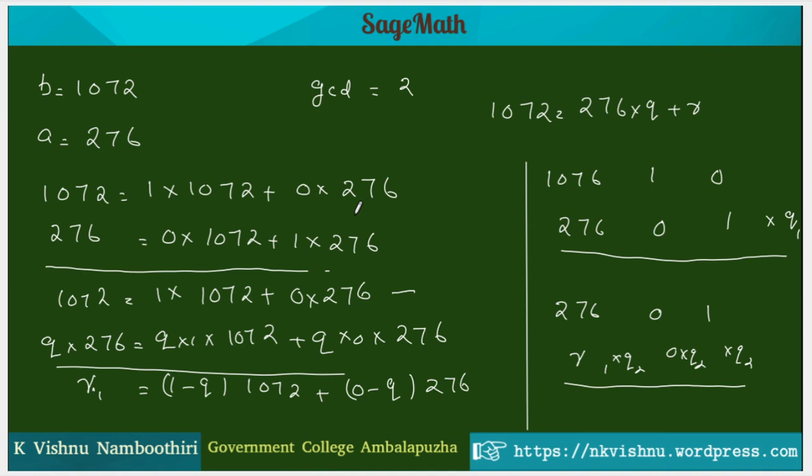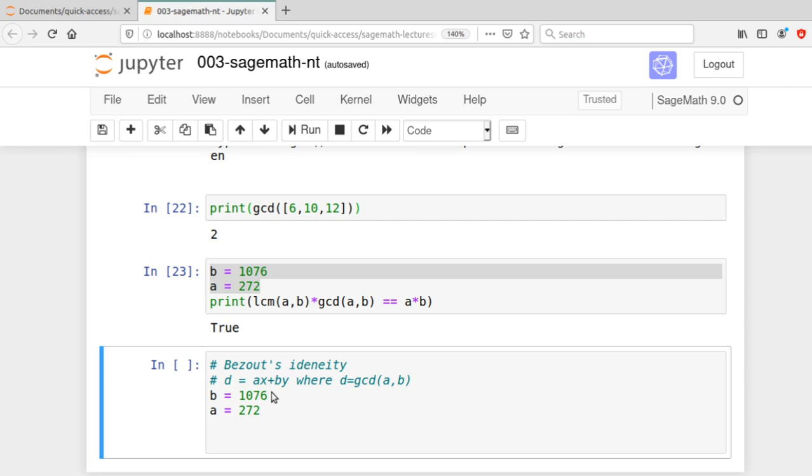Now we are going to perform these computations in SageMath. To perform this computation in SageMath, remember that we wrote 1072, after that 1, after that 0. That is a kind of row vector.